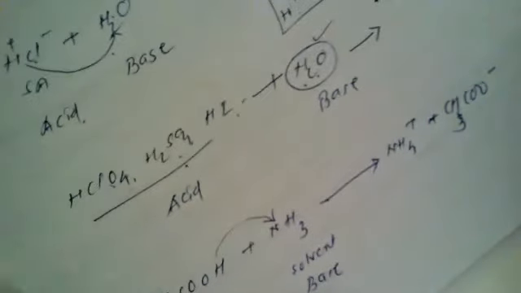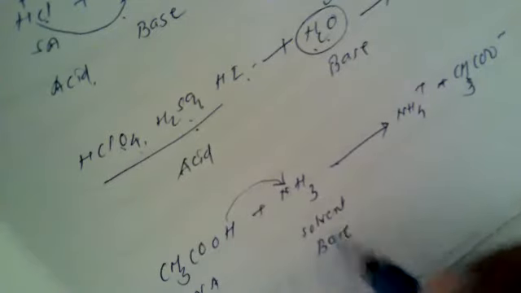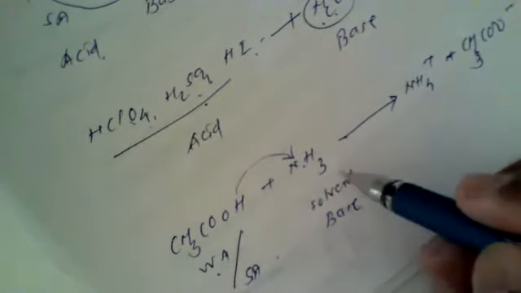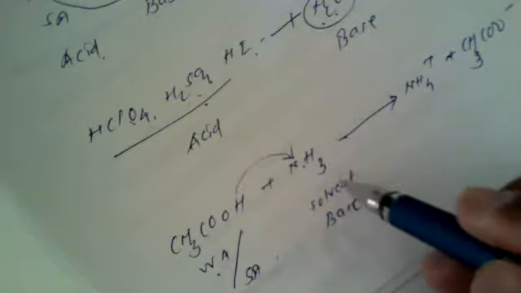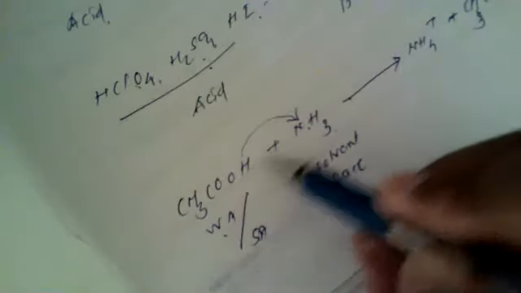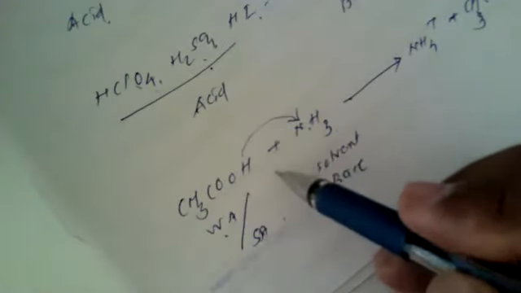So in the presence of the solvent, liquid ammonia, this weak acid undergoes auto-ionization, and hence it can produce more and more H plus ions, and now acetic acid becomes a strong acid in the presence of liquid ammonia.